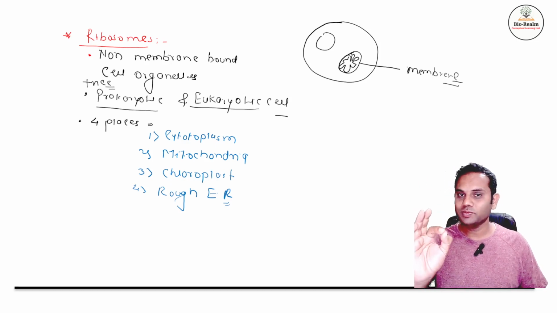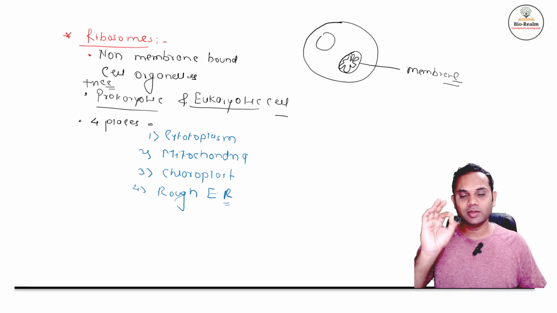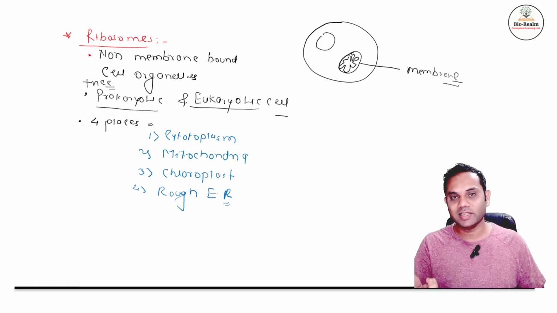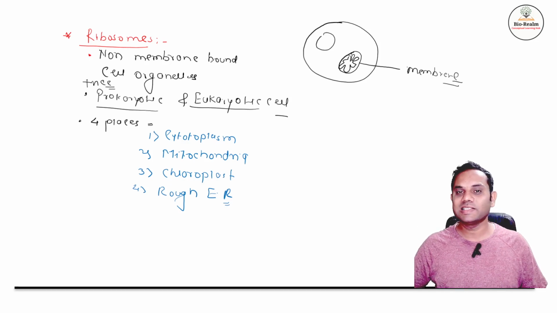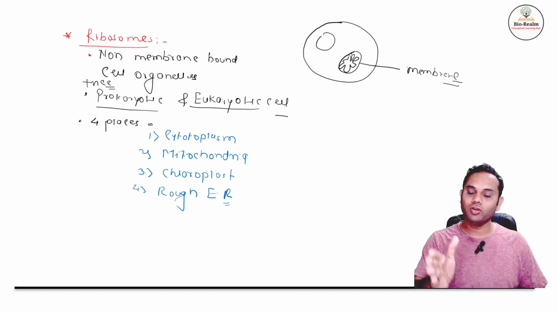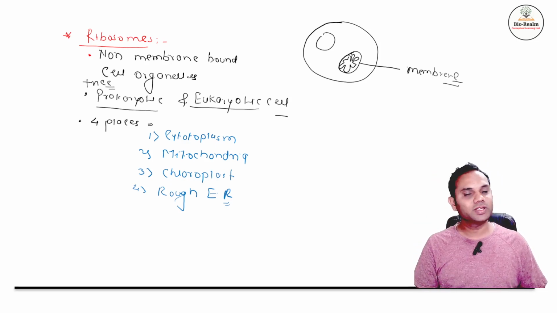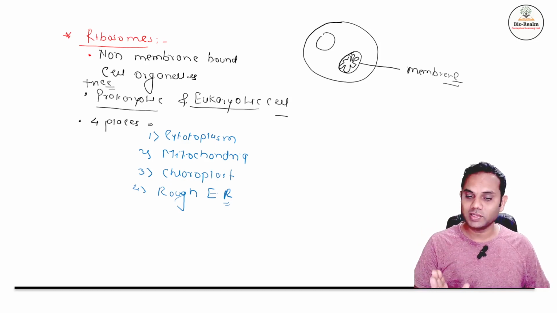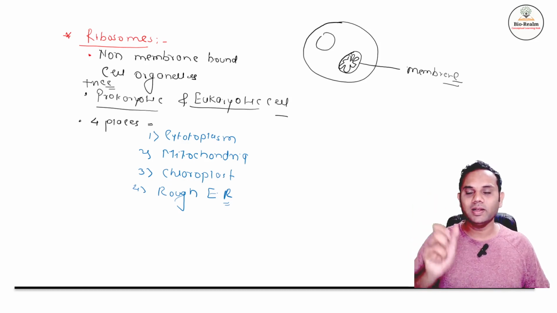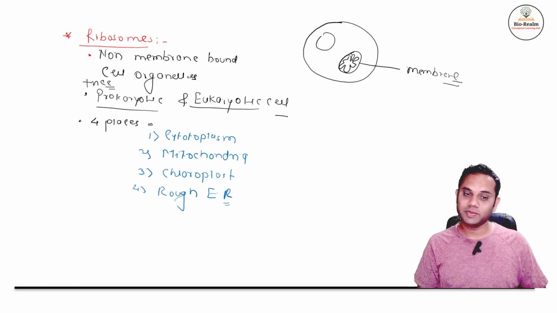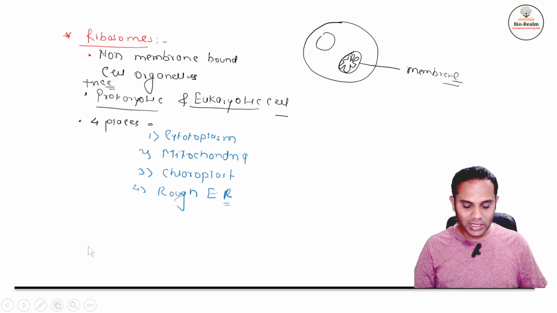Ribosomes are required wherever proteins need to be synthesized, because ribosome is a part of the protein synthesis process. So they are present in mitochondria, in chloroplast, in cytoplasm because protein synthesis takes place in cytoplasm, and particularly in the rough endoplasmic reticulum. Okay, so that is about ribosomes.